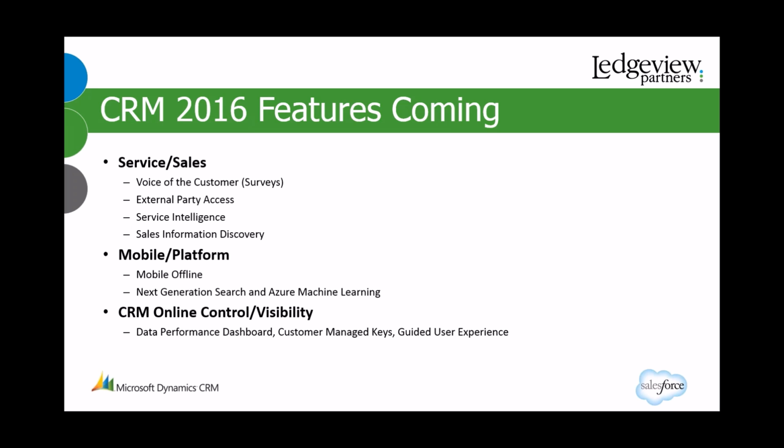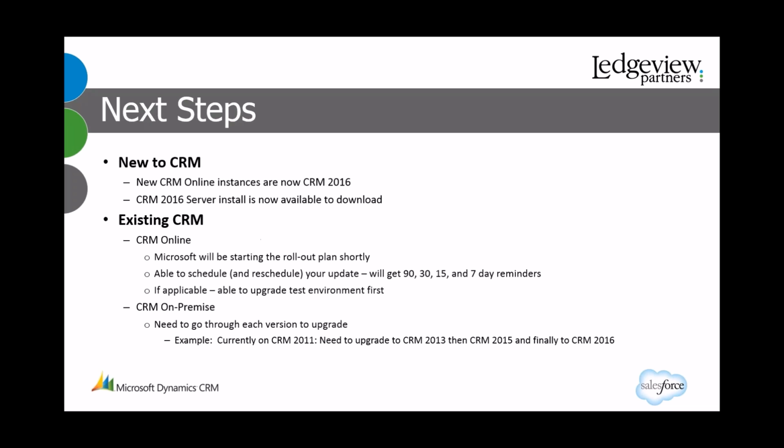So then the next question is, how do I get to 2016? If you are new to CRM, if you currently do not utilize CRM and you go to CRM Online and spin up a trial, all trials and all new customers from this point moving forward are on CRM 2016. So if you go right now after this call and spin up a trial, it will be CRM 2016 and all the features that we just talked about will be available to you.